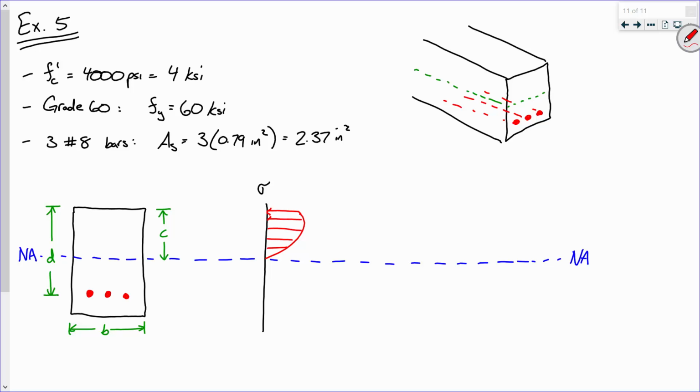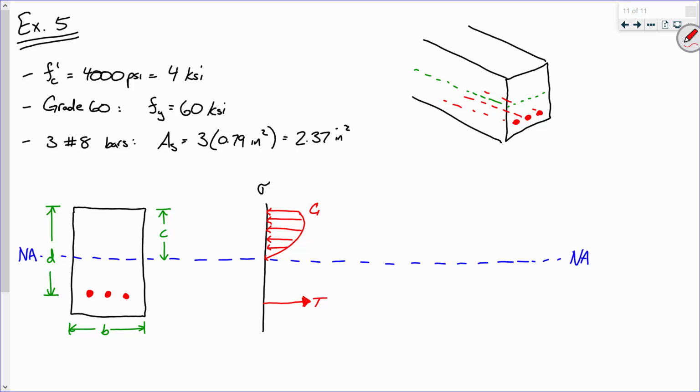We'll say that compression is sort of going to the left. The rebar is supplying the tension, so we've got some tensile force right here. And all of the force in this nonlinear region of the concrete, that's going to be my compressive force here.